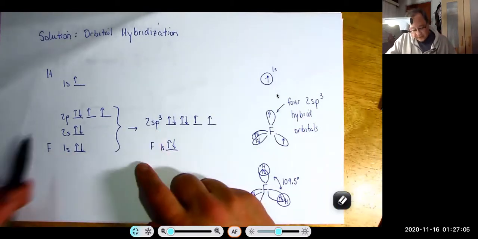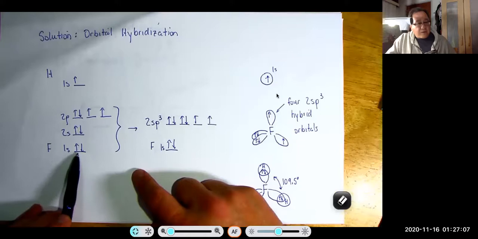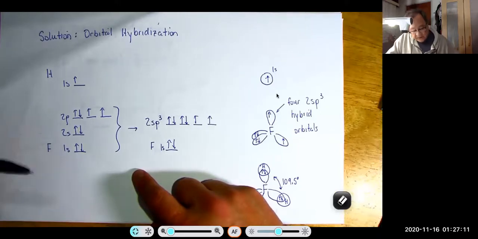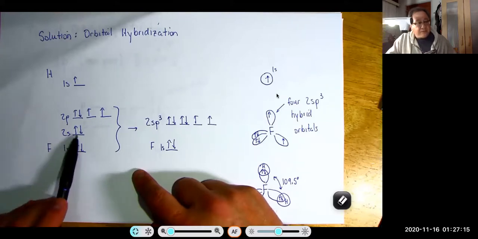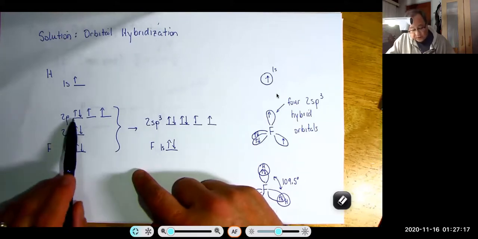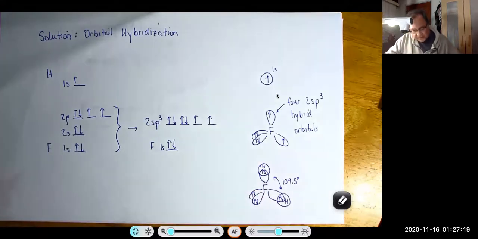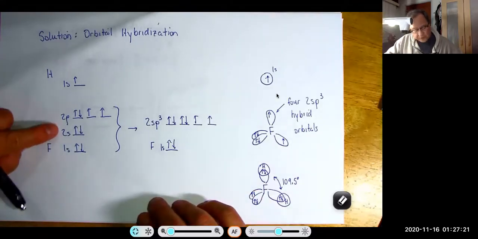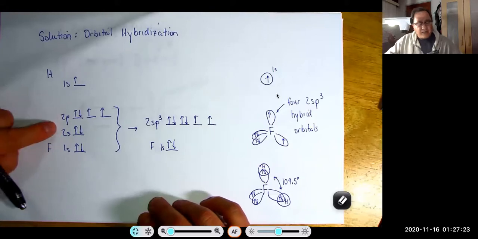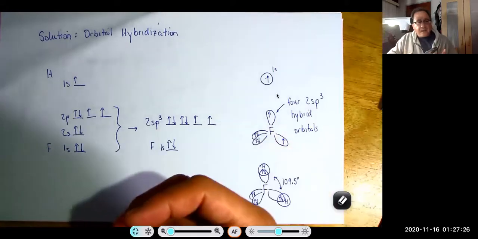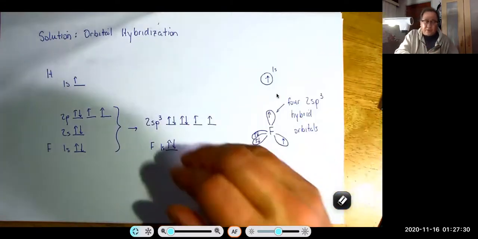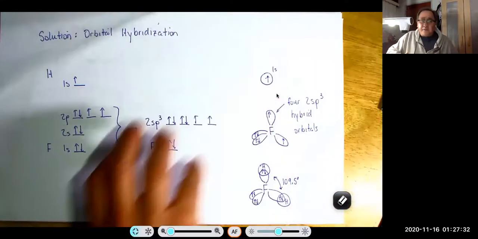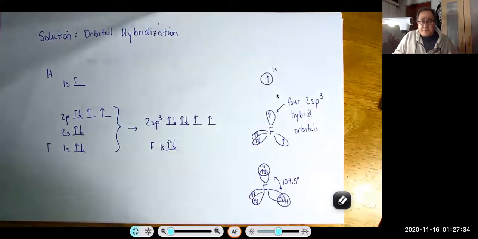So notice when I draw the energy level diagram or the electron configuration for fluorine as an energy level, the 1s is more stable than the 2s, the 2s is more stable than the 2p. There are three 2p orbitals. So what happens is these four orbitals in the outer shell, they mix together and then they become a nice even mix, and then you chop it into four pieces, and those four pieces become four orbitals.